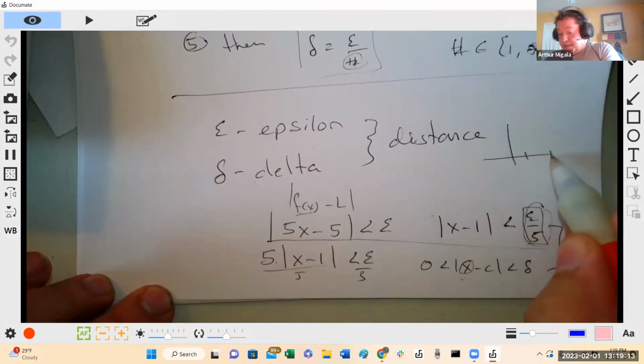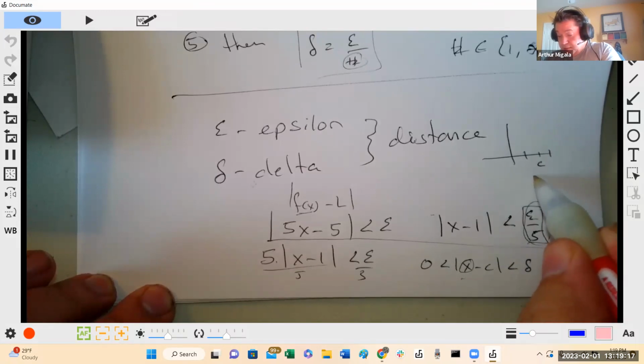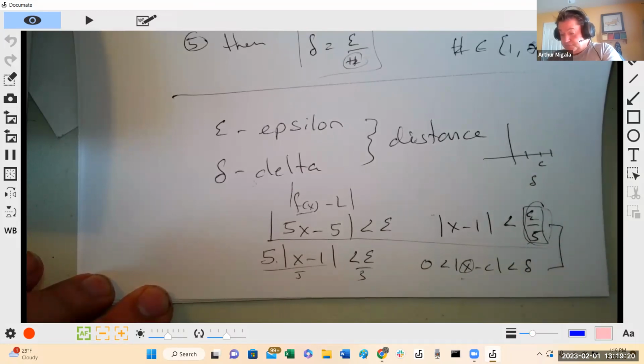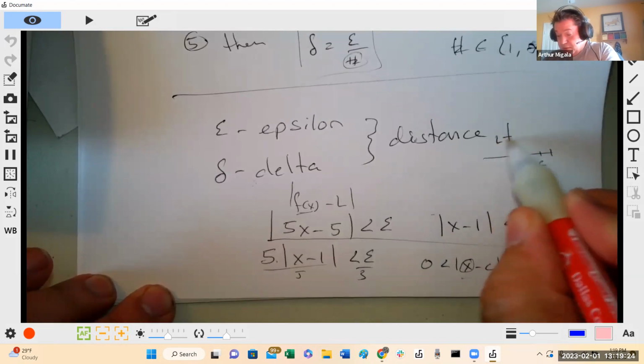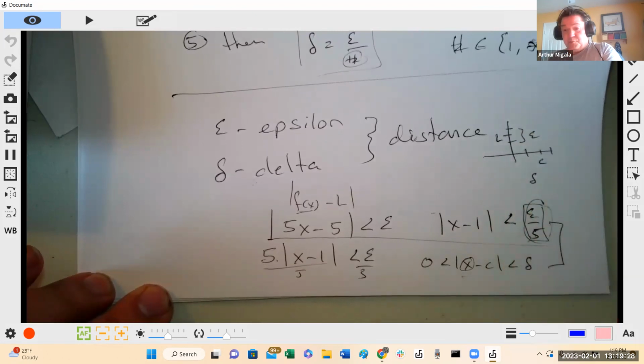Yeah, but this is what shows us that the closer we get to our value c, the smaller delta gets. Because epsilon is divided by 5, the distance here gets even smaller.